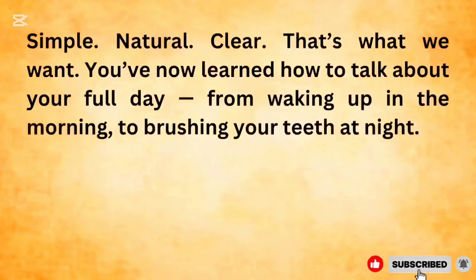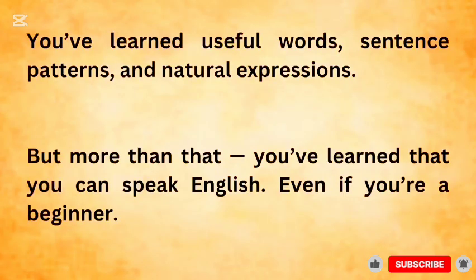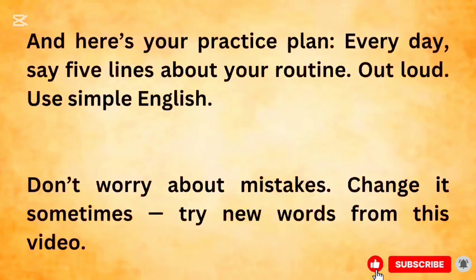You've now learned how to talk about your full day, from waking up in the morning to brushing your teeth at night. You've learned useful words, sentence patterns, and natural expressions. But more than that, you've learned that you can speak English, even if you're a beginner. And here's your practice plan.